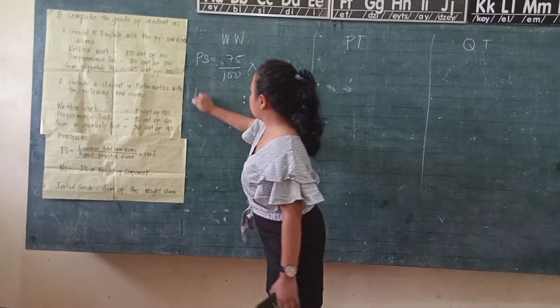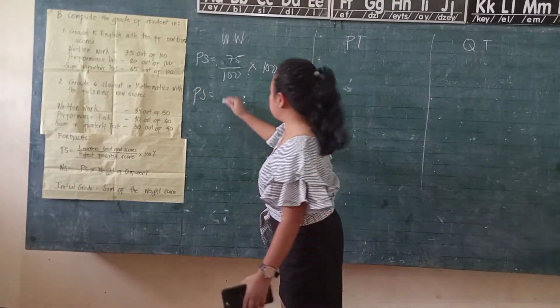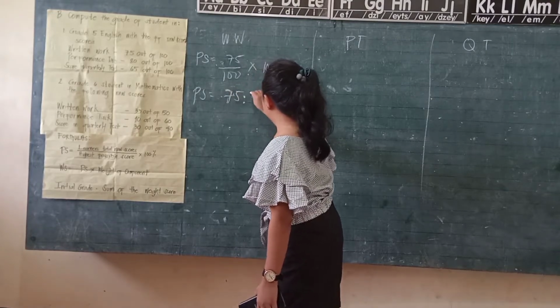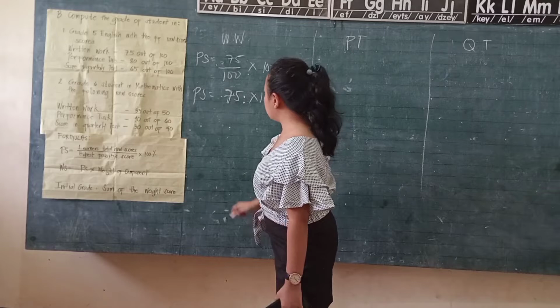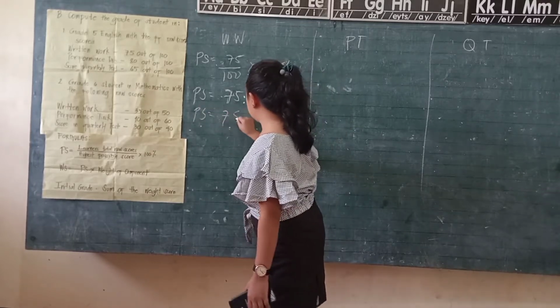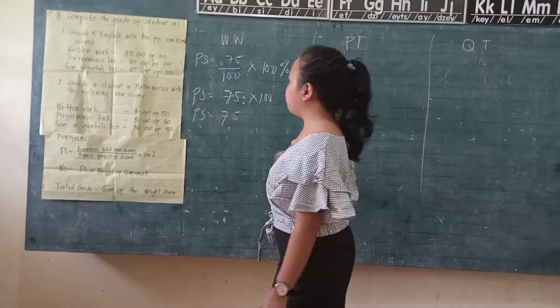So PS, 75 divided by 100 is 0.75 times 100. PS is equal to 75. Finding percentage score in the performance task.